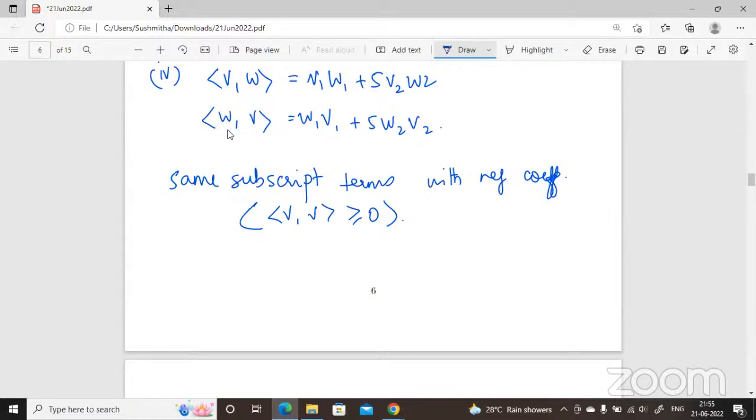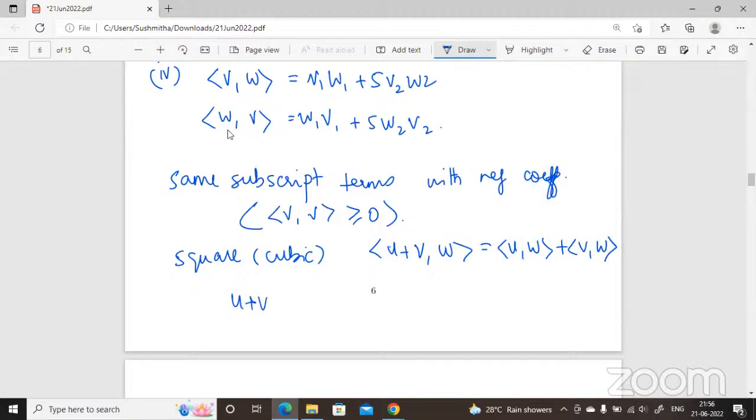And square terms, if there are any square or cubic terms or any higher order terms, then linearity, U plus V comma W, is not going to be equal to U comma W plus V comma W, right?